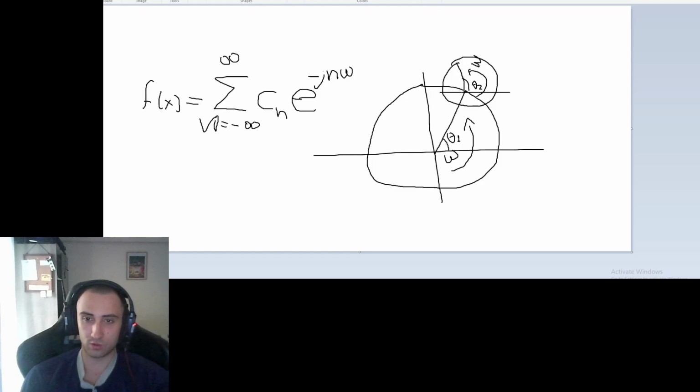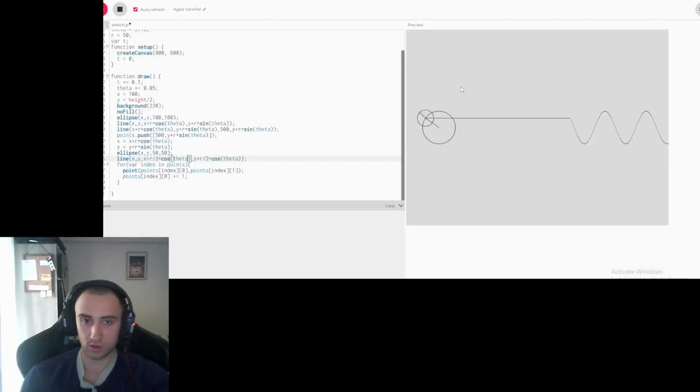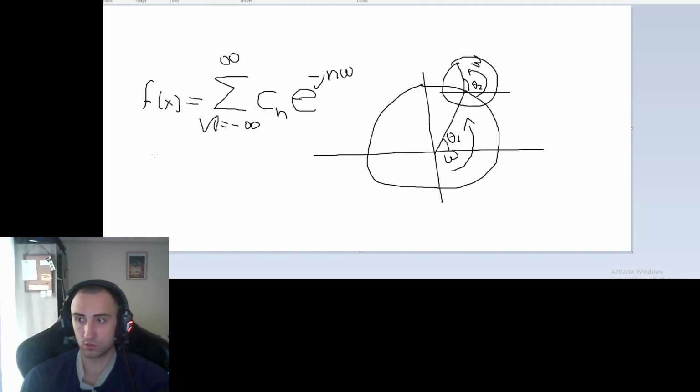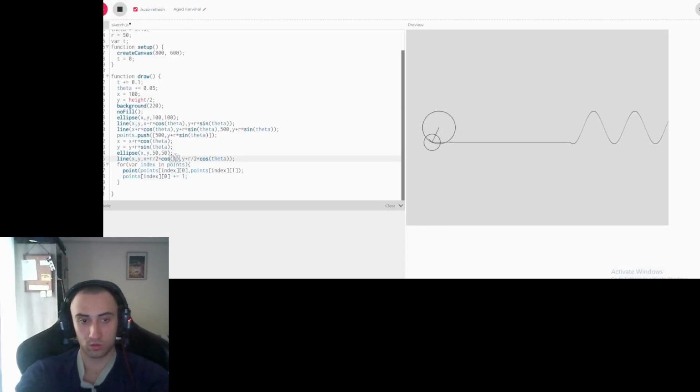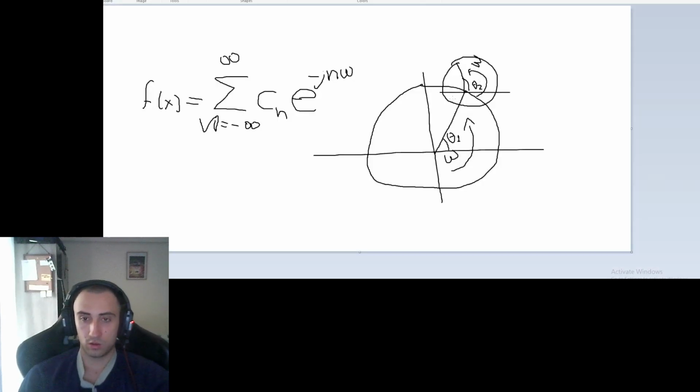So the line is drawn with this start and this start plus this start plus cosine and sine.